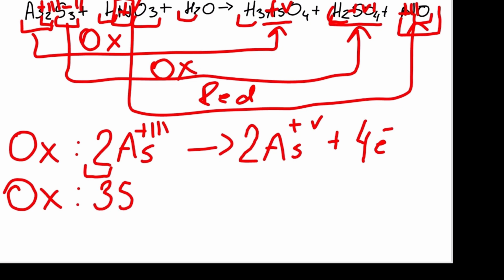So we have 3 sulfur atoms with the oxidation state equal to -2, and we are obtaining also 3 sulfur atoms with the oxidation state equal to +6.